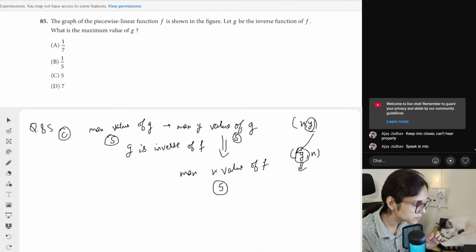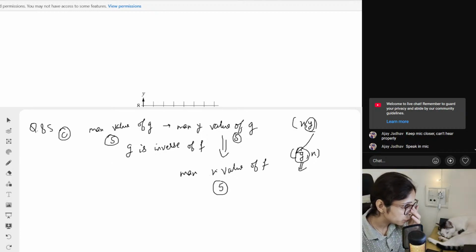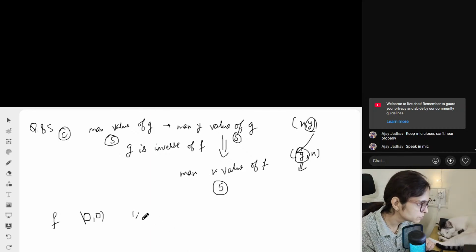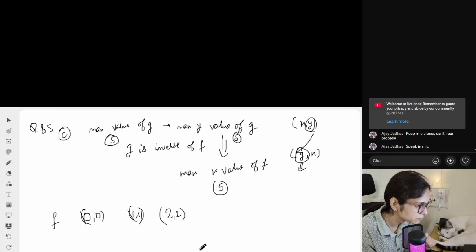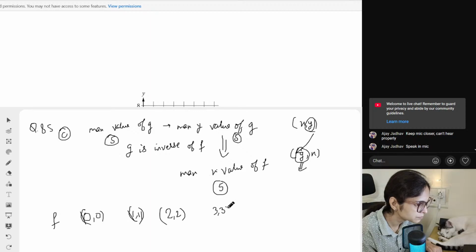If you're still not convinced, then let's see. In f, you have the points 0, 0; 1, 1; 2, 2; 3, 3; 4, 5; and 5, 7.